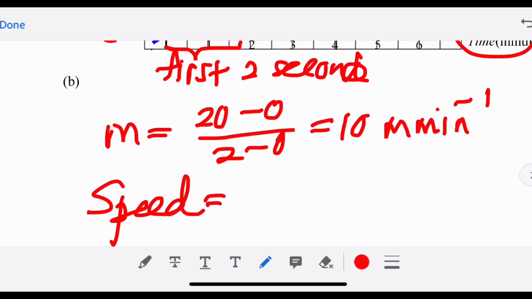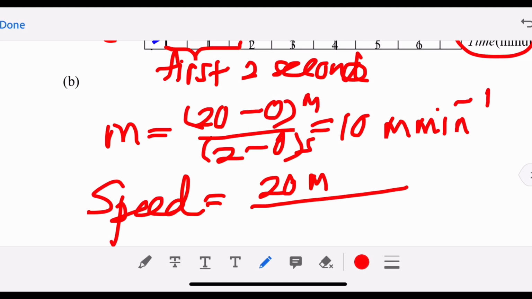Alright, that means 1 minute is 60 seconds, so you can convert to 10 over 60, 10 meter per 60 seconds, or you can just write 20 meter over 2 times 60, which is 20 over 120, because 2 minutes is equivalent to 2 times 60 seconds.